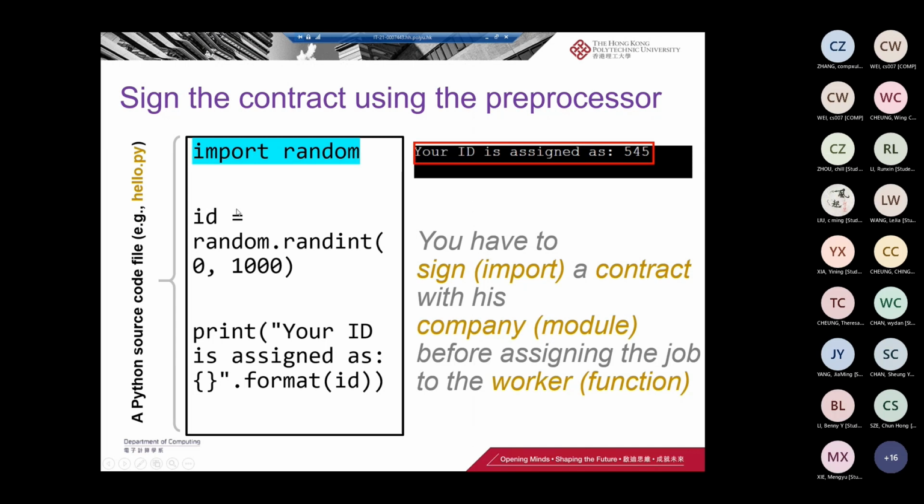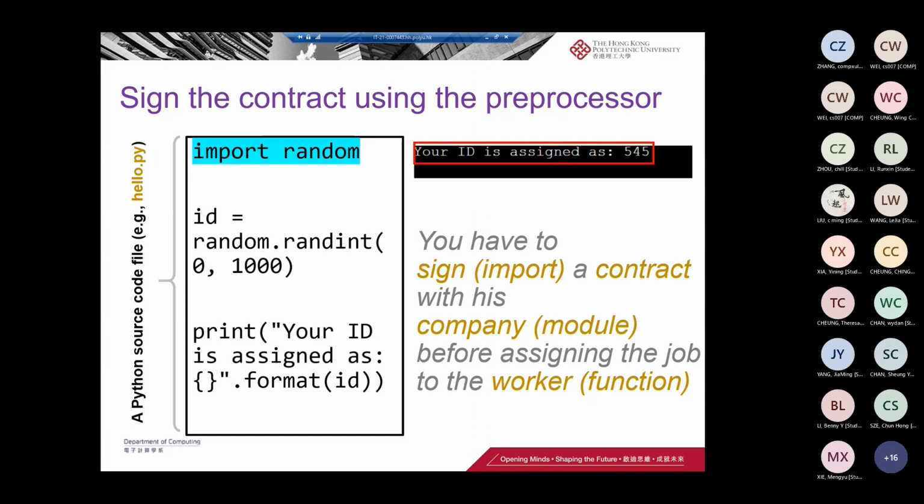It's like when he has generated that number, we write it down on a paper, and to make this paper easier to find in the future, we put a label on that paper. The label is called ID.